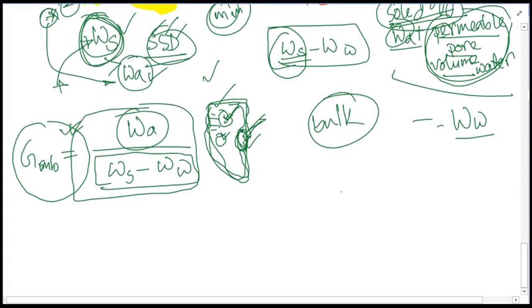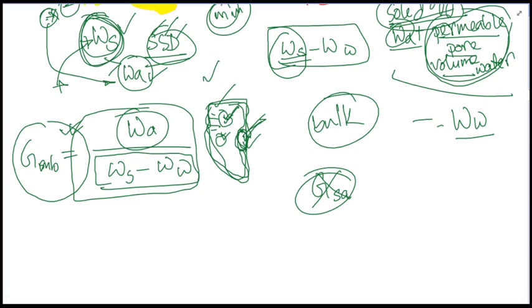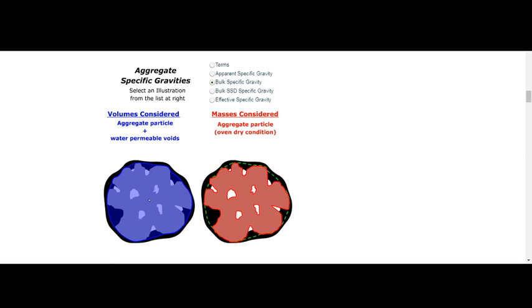And what about GSA? Just forget about GSA, because apparent specific gravity will not be used in our experiment, but still, to clarify, I am showing you what apparent specific gravity is.